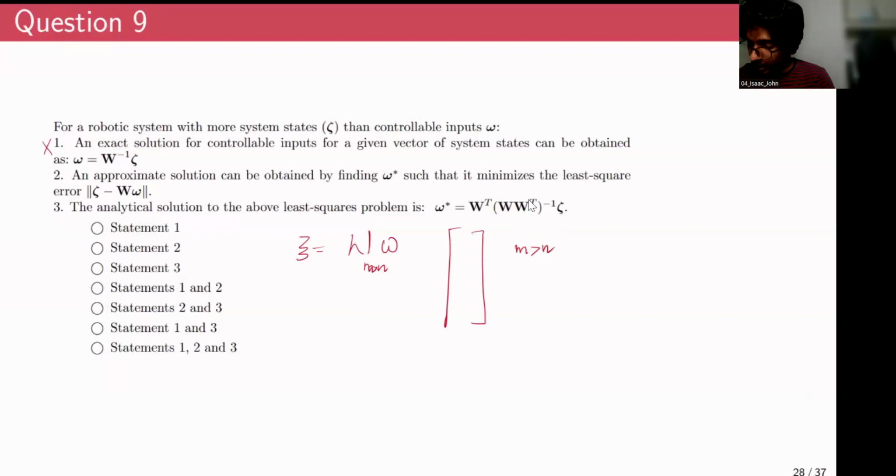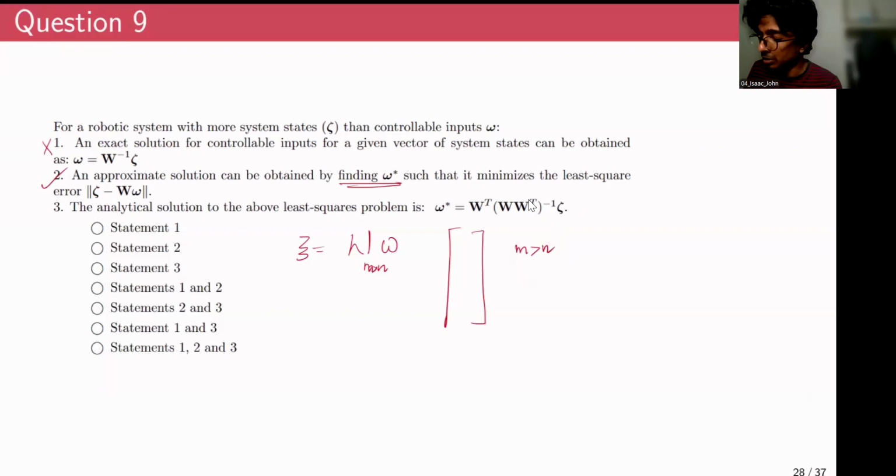And what about statement 2? An approximate solution can be obtained by finding omega star such that it minimizes the least square error zeta minus W omega. So that is actually true, right? Because when a system is overdetermined, you cannot find an exact value for omega.